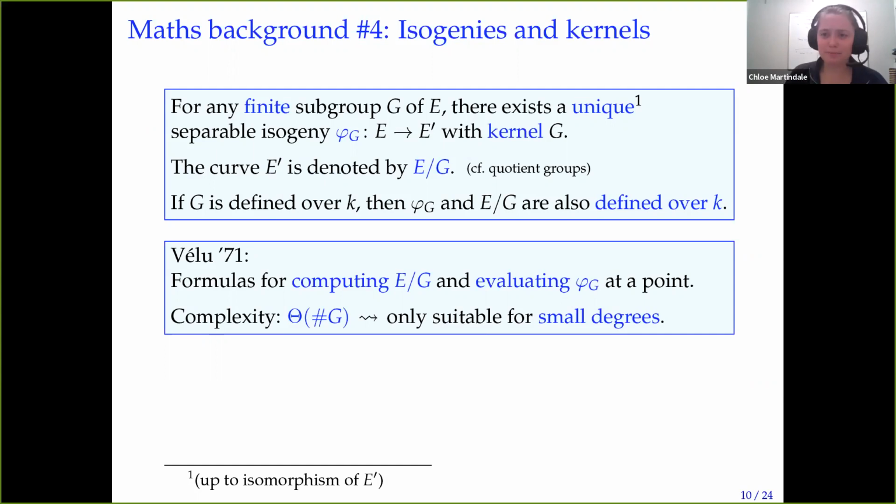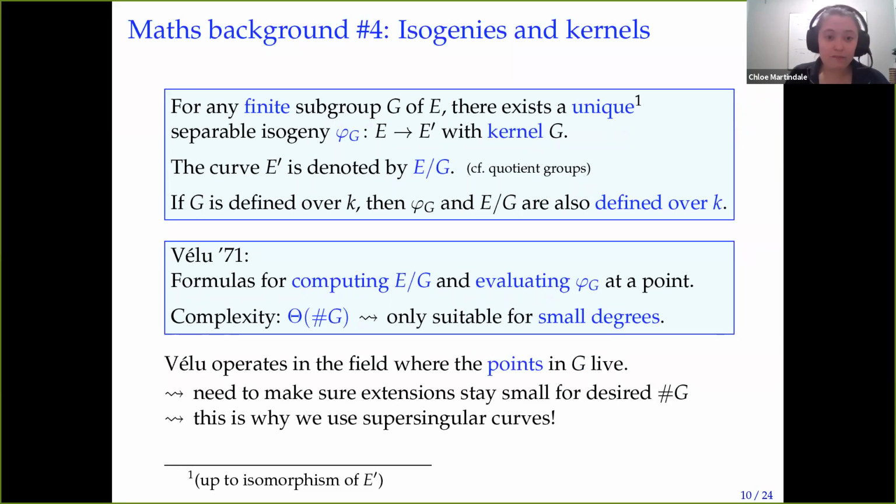But this year or last year, there was a paper we've taken to calling square root Velu, which shows there's a trick to rearrange your equations so that the complexity of computing isogenies grows with the square root of the size of the kernel, which for larger degrees is quite a win. But for the small degrees we're talking about in SIDH, it makes no difference; actually their algorithm is slower. The degrees in SIDH are just going to be 2 and 3, so it doesn't matter so much.